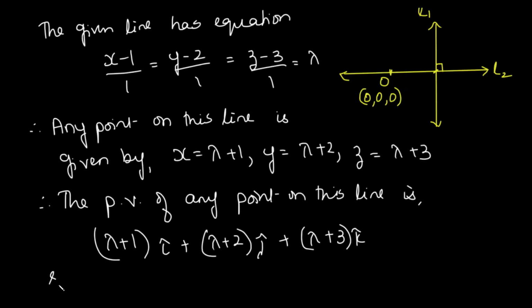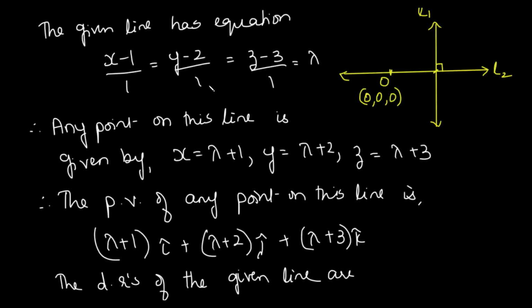Now, one more thing to write over here, the direction ratios of L1. So the direction ratios of the given line L1 are, from here, what do you think are the direction ratios?